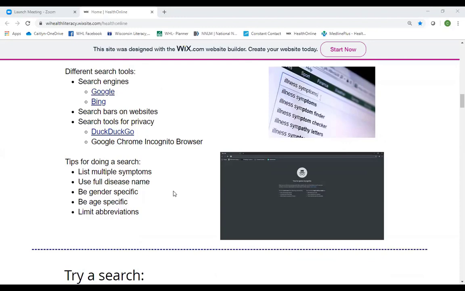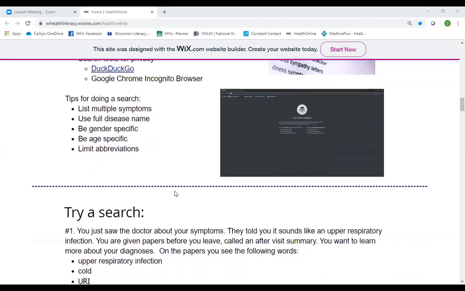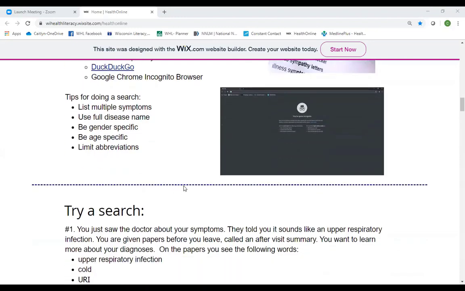And then to make their searching the best it can be, we go into tips for doing a search and what are some efficient things to do as far as listing multiple symptoms, using a full disease name. These tips are very important to get the most narrowed search when performing a Google or a Bing search, so that you don't get all these things.